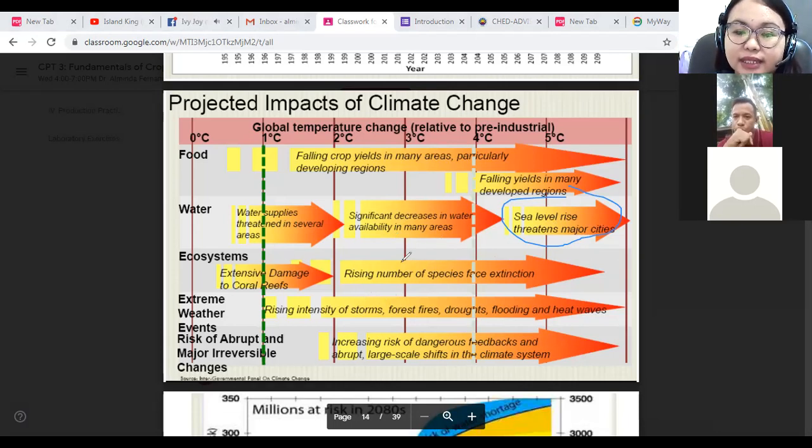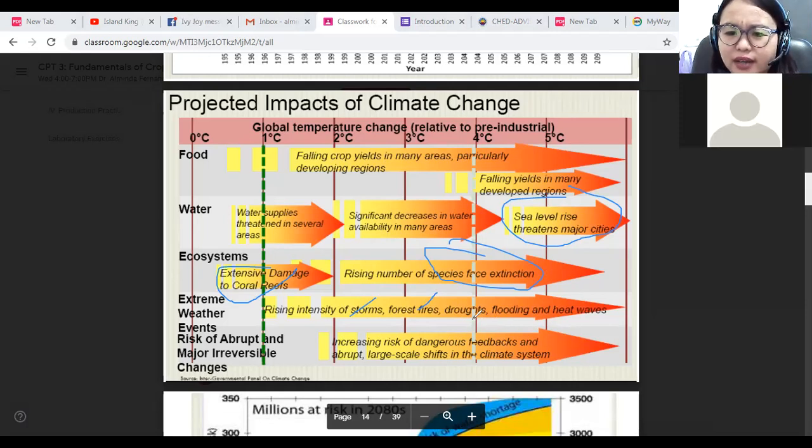And for the ecosystem, some species may not adapt to the rising temperature, so they will become extinct, and it will especially damage the coral reefs. There are extreme weather events that we already have recently, although not here, like storms, and forest fires, we had forest fires earlier in January and February.